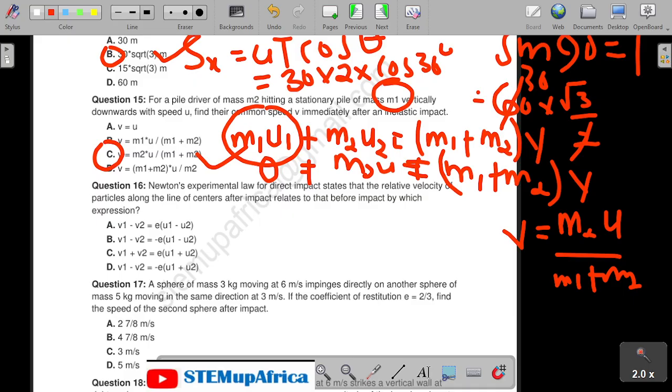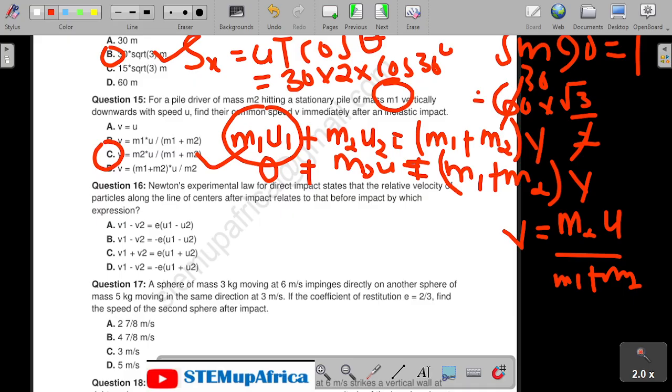Okay, so Newton's experimental law of direct impact states that the relative velocity of a particle along the line of centers after impact can be related to that before the impact by this expression. This one has to do with restitution. The e stands for the coefficient of restitution.